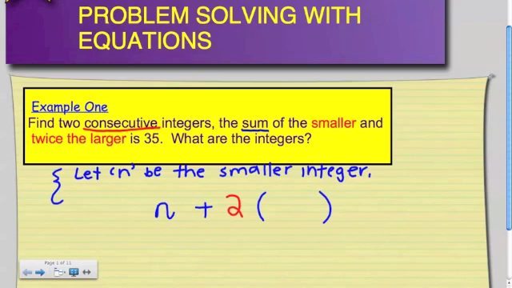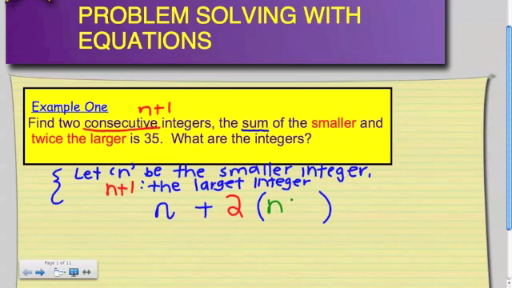Good. Whenever we're talking about consecutive integers, the second integer is going to be n plus 1. So the larger integer, we're going to let n plus 1 represent the larger integer. That means in this expression, n plus 1, we have twice the larger integer, and the sum of both those expressions are going to be equal to 35.